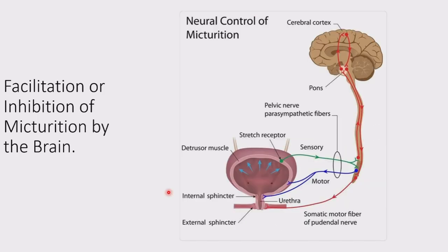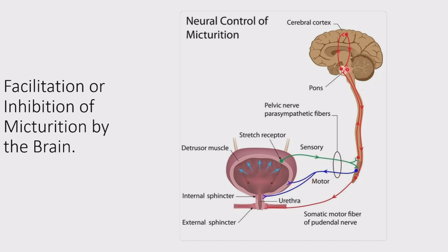Now let's talk about how you control urination or micturition. Your brain normally inhibits your micturition reflex, unless when micturition is desired. So even when the micturition reflex occurs, your brain, mainly the pons, can prevent micturition from occurring until you find a convenient time and place.